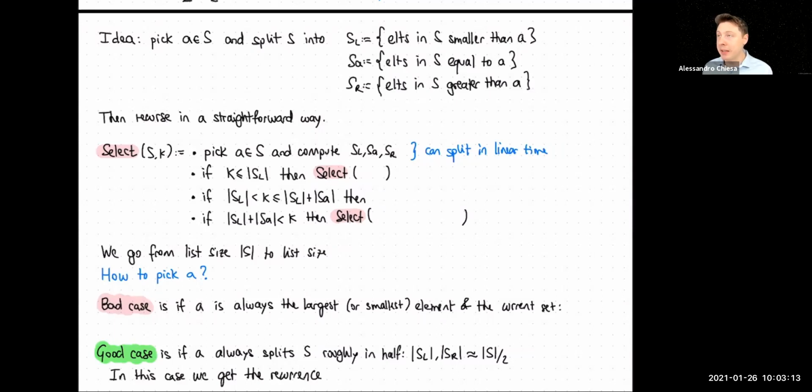Right, many people say SL, and I remind you that we have a 2-input algorithm, so it is SL and K. Why is that? Look, we wanted to figure out what was the kth smallest element from our list. We took somehow an element A, and we figured out that all these SL elements are definitely smaller than A. And there's at least K of them. So I can safely ignore the rest of the list. I just don't care what's going to happen there. I can still select the kth element from this smaller list.